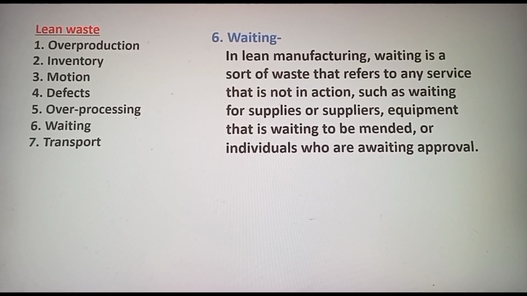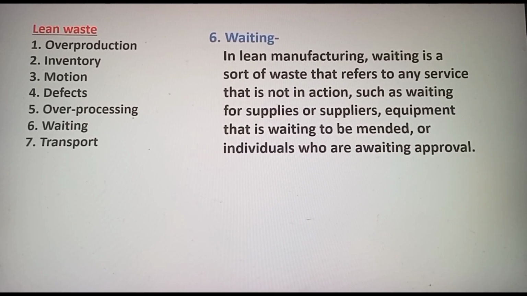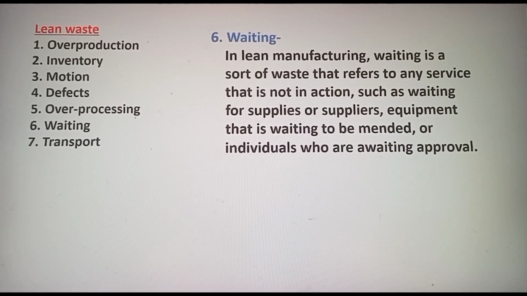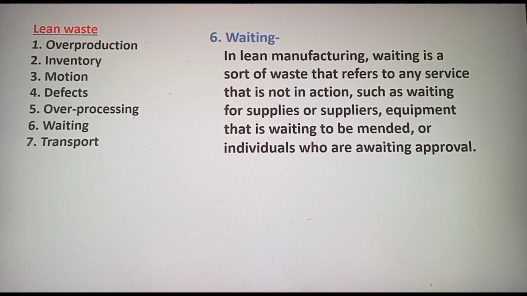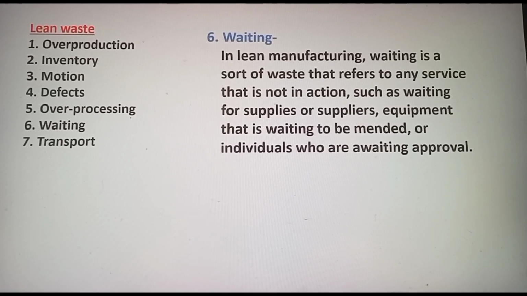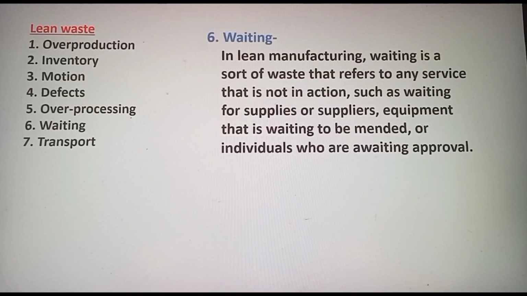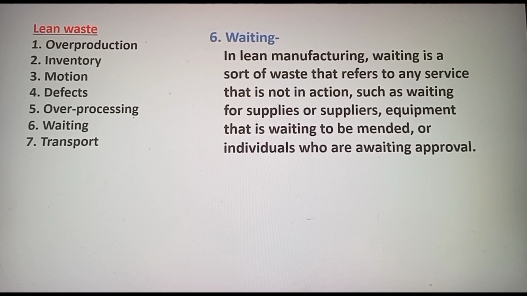Sixth, waiting. In lean manufacturing, waiting is a sort of waste that refers to any service that is not in action, such as waiting for supplies or suppliers, equipment that is waiting to be mended, or individuals who are waiting for approval.